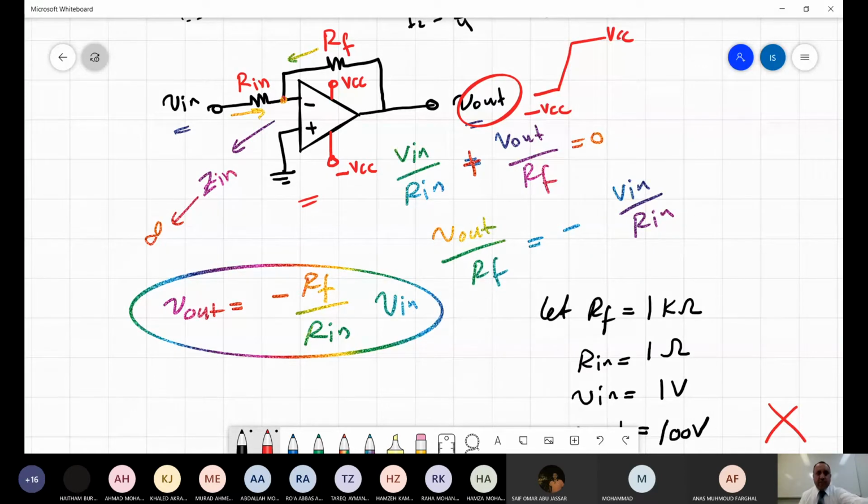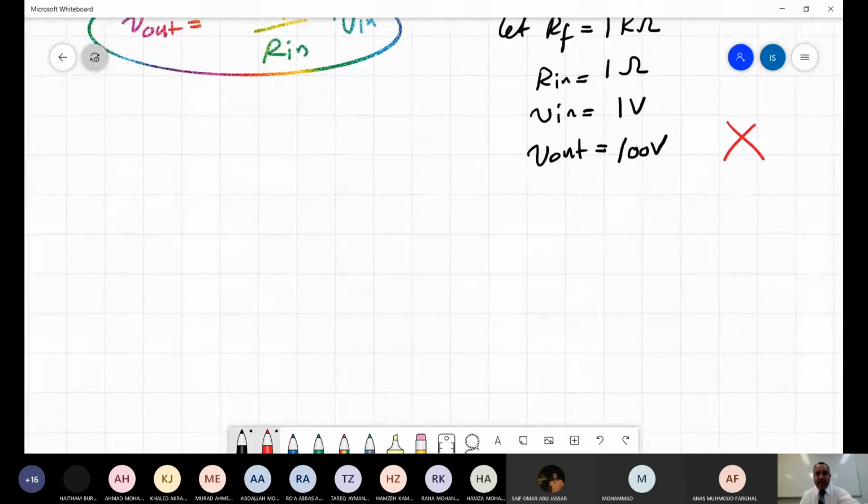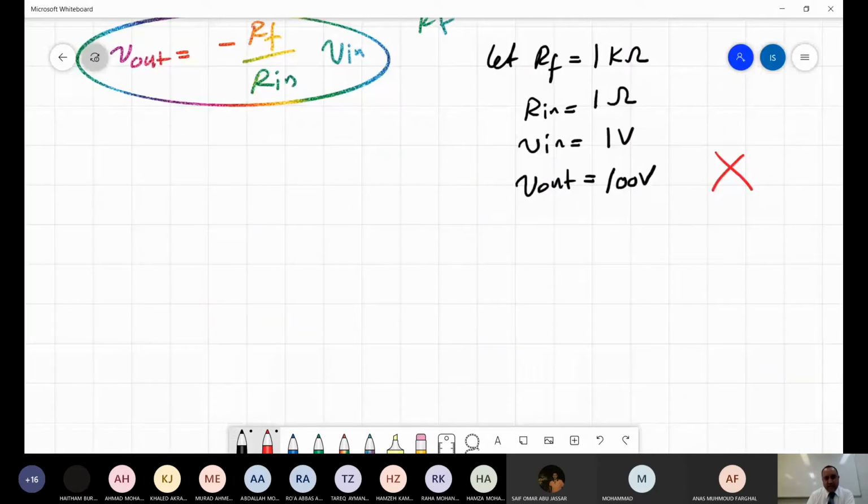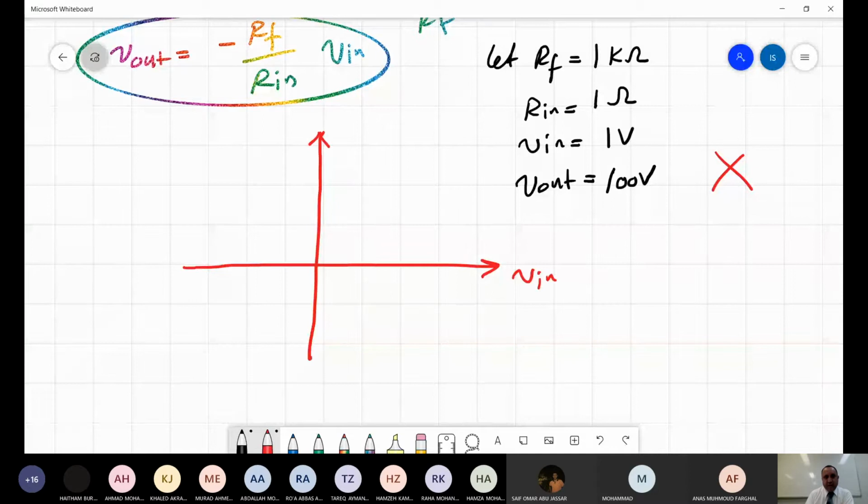So whatever the gain, if I plot Vn against V out, the ratio between them is constant until I reach VCC here and minus VCC here.